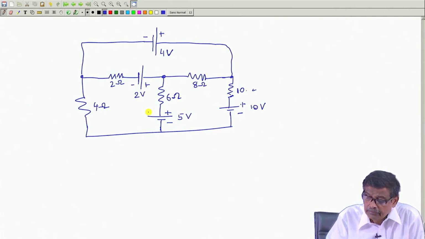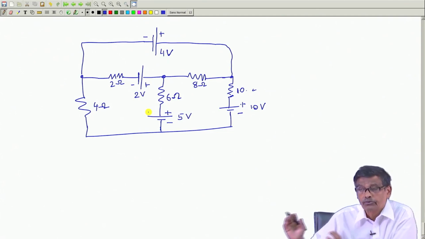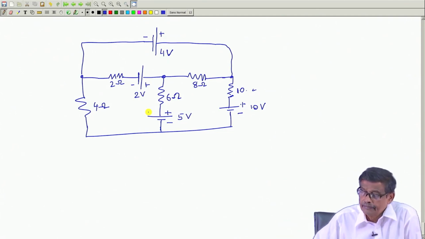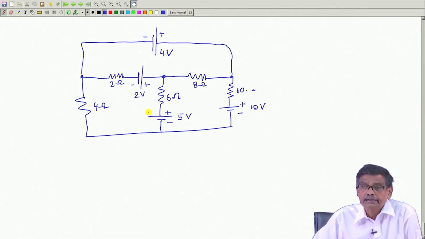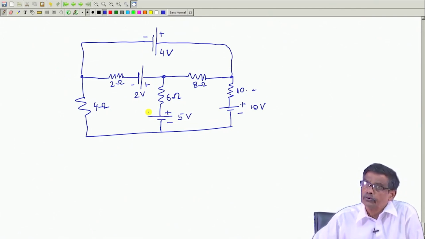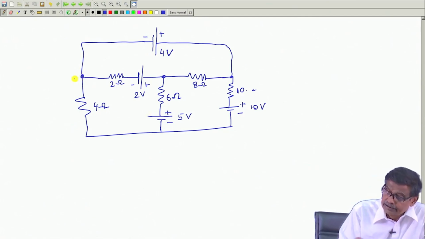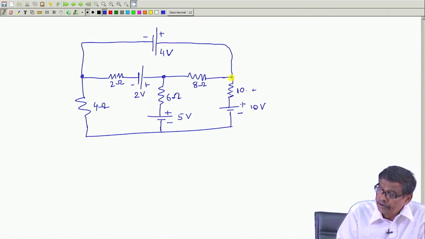The coefficient of I 1 will be the sum of all the resistances, and so on, writing sources on the right hand side. Now, suppose I insist that you solve this network by the nodal method. In the nodal method, the first thing is you identify the nodes and name them.